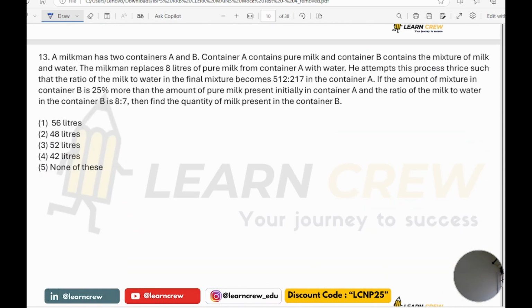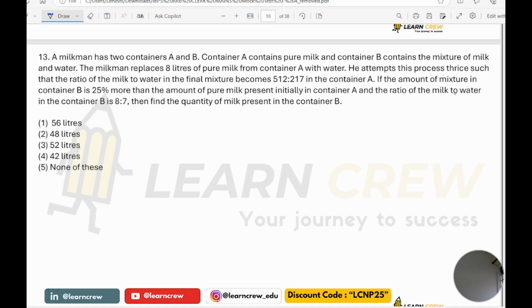Next, a milkman has two containers A and B. Container A contains pure milk and container B contains a mixture of milk and water. The milkman replaces 8 liters of pure milk from container A with water.